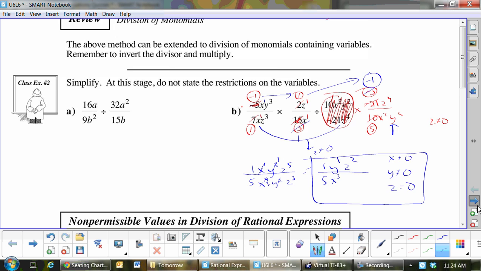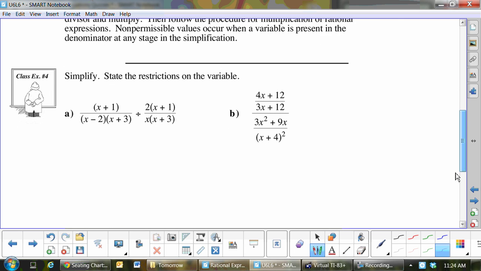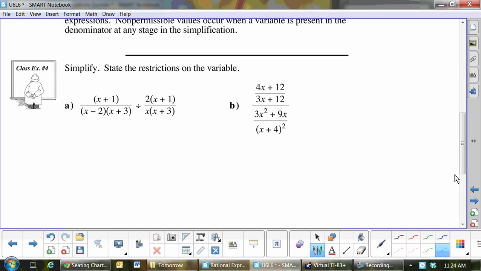Next example we're going to do is, we're going to come down and do 4b. Now you know this right here? That long line means divided by, right? So if we want to rewrite this question, does everybody see that this would be times, let's bring that bottom thing up.